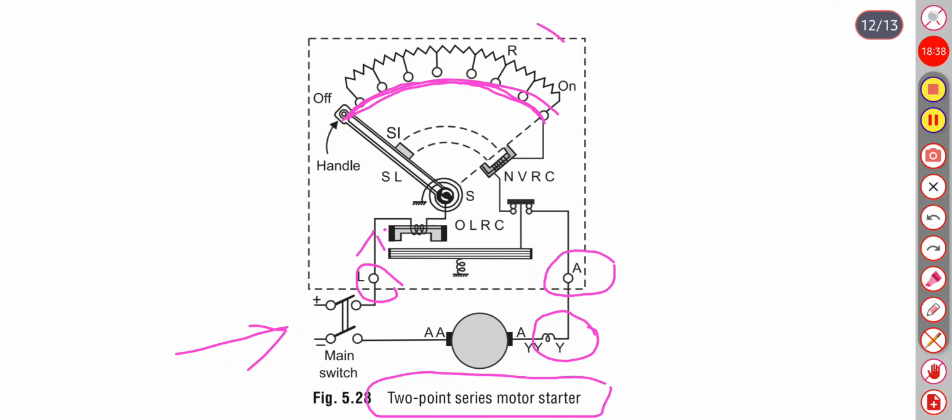So this is a heavy resistance strip, and some tappings are taken out to connect this handle. So current will flow from this direction to this via the no volt relay coil and this.